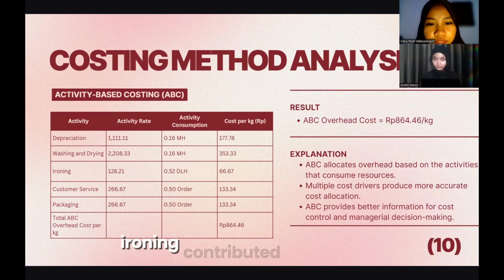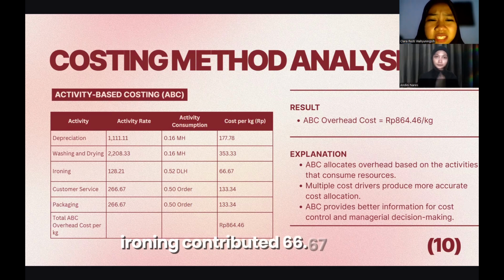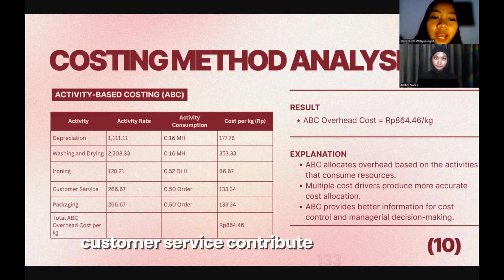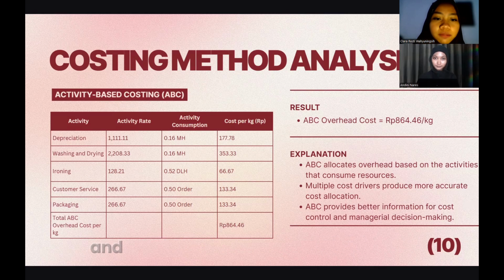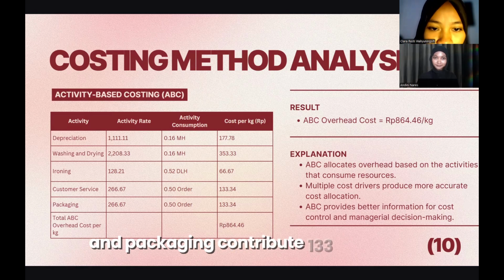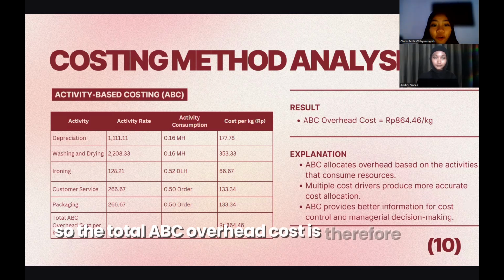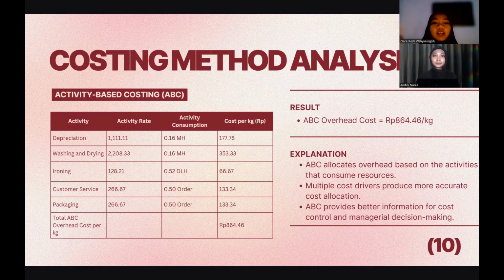Ironing contributes 566.67 rupiah. Customer service contributes 133.34 rupiah, and packaging contributes 133.34 rupiah. So the total ABC overhead cost is therefore 864.46 rupiah per kilogram.